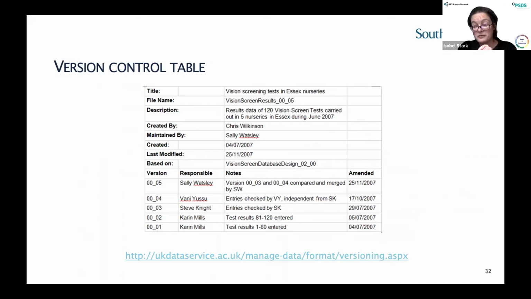It does rely on your collaborators actually filling in the version control table, but this is something that you will see, I'm sure, in your time in documents, particularly well used in industry, in particular for version documents of policies and procedures, so you can see when it was last updated and what all the previous updates were as well.